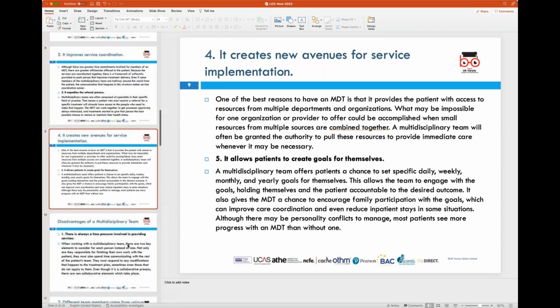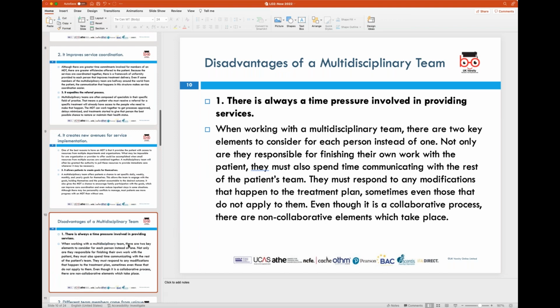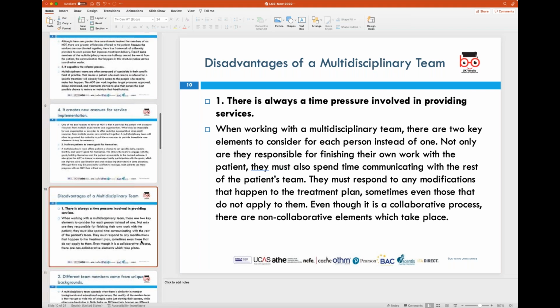Now, when we talk about some of the strengths and advantages, we should also be looking at some of the disadvantages of the MDT approach. Sometimes the MDT approach tends to create a bit of pressure or stress, I would say time pressure essentially, when we look at a lot of goals and objectives which have to be met in order to deliver integrated care.